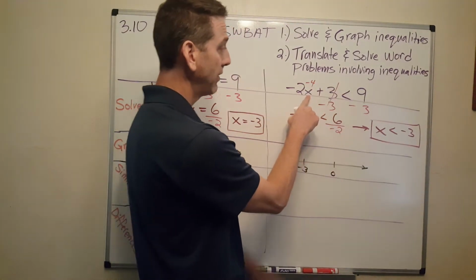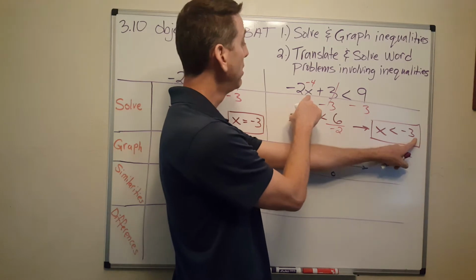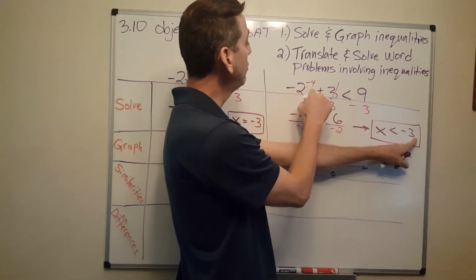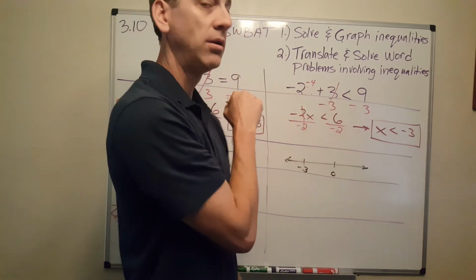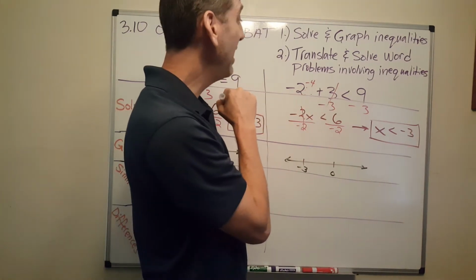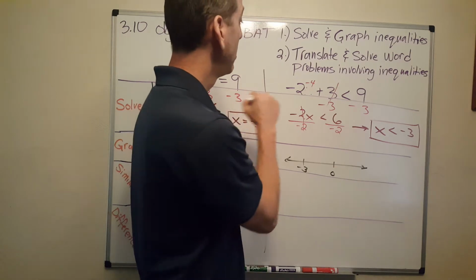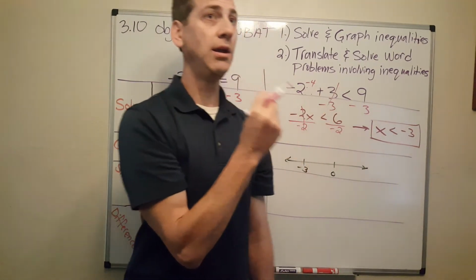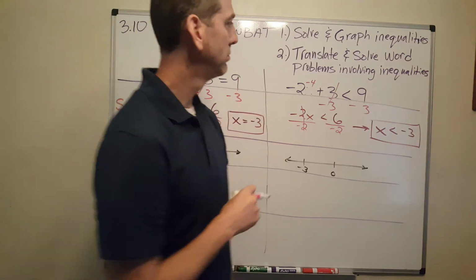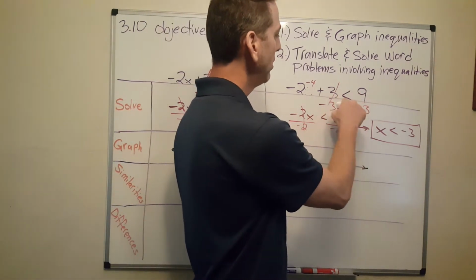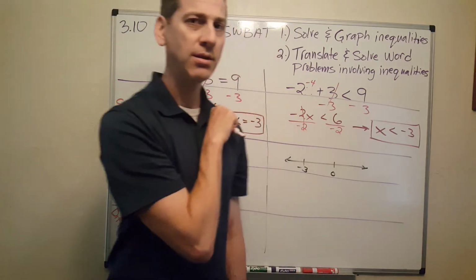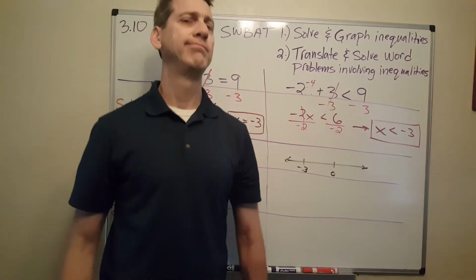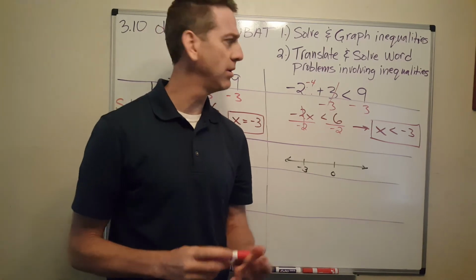Negative 2 times negative 4 is positive 8, and 8 plus 3 is 11. Is 11 less than 9? No, it's not. Something's happened here.